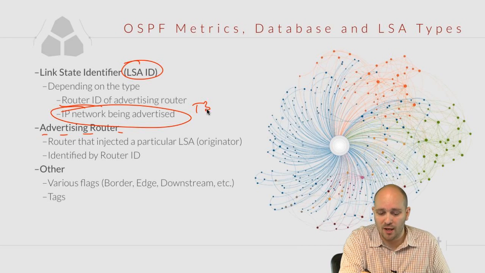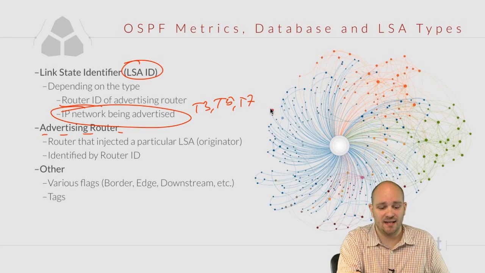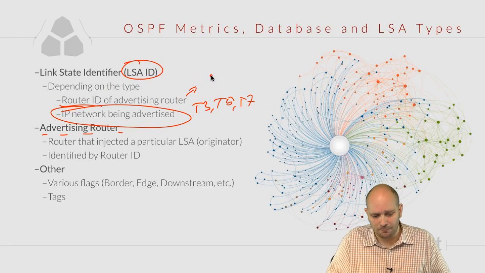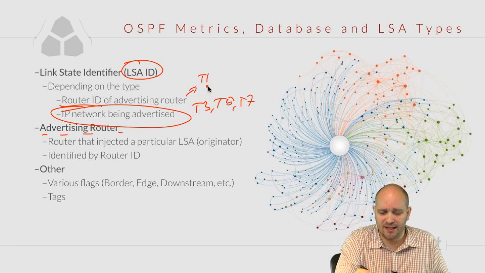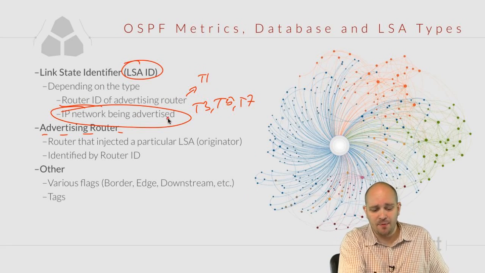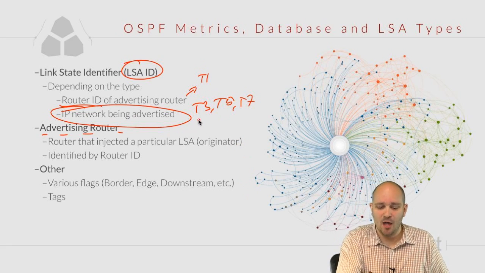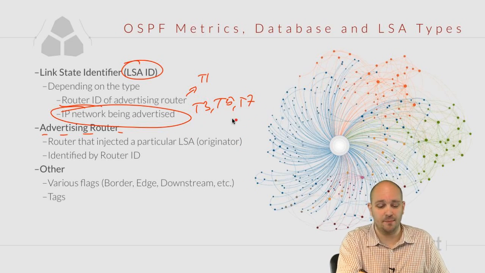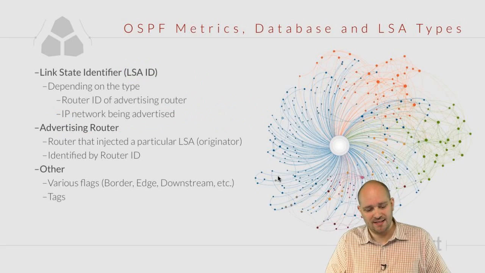This is going to be true in the case of type 3, type 5, and type 7 LSAs. So the router ID of the advertising router would be the LSA identifier in the case of type 1, and the IP network being advertised or concerned by this LSA will be there for type 3, type 5, and type 7, and I forgot to mention, for type 2 LSAs.